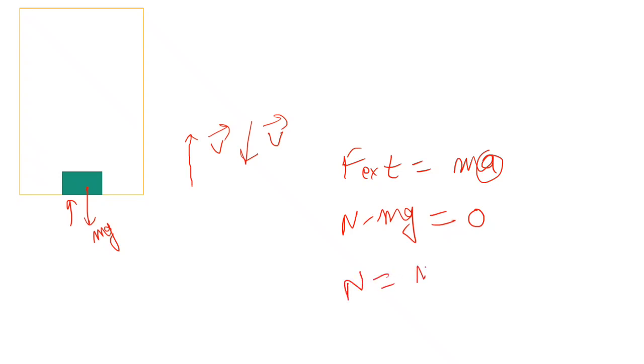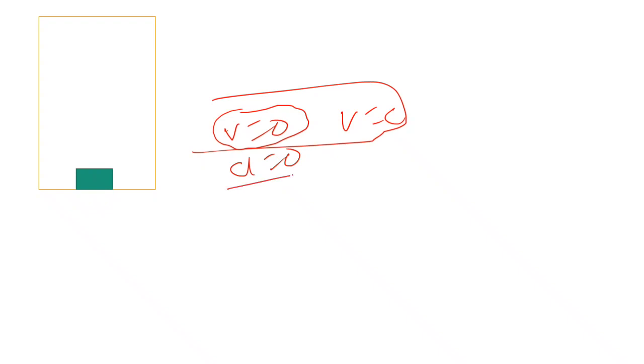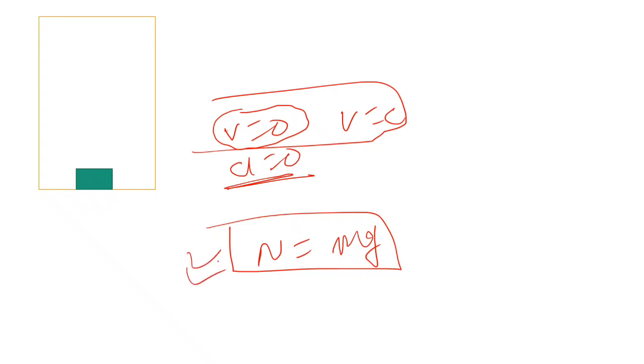When acceleration is 0, with constant velocity, or in the fourth case, at rest, where v equals 0 and a equals 0, it doesn't depend on v being constant or zero. If a equals 0, then N will always equal mg. So these are the four cases.